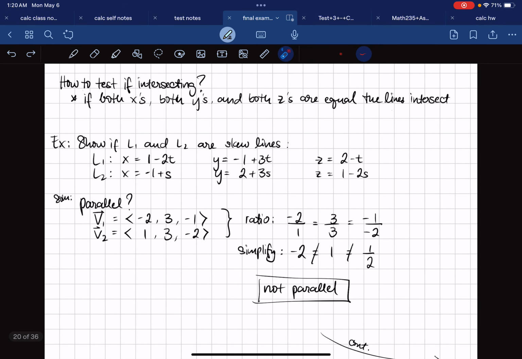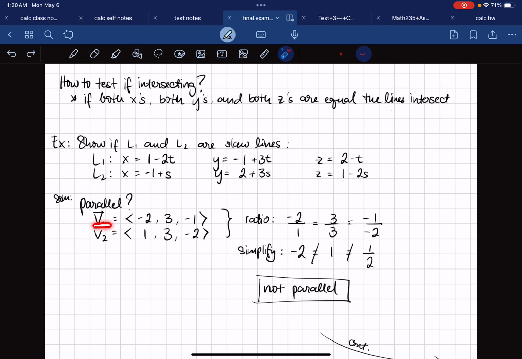All right, so we have an example here. We're given this: show that L1 and L2 are skew lines. These are given as a set of parametric equations, so we're going to rewrite those parametric equations as vectors. You have a vector 1 and a vector 2 corresponding to L1 and L2.